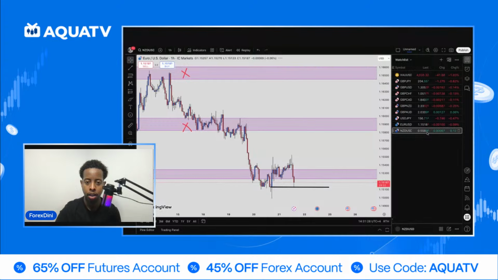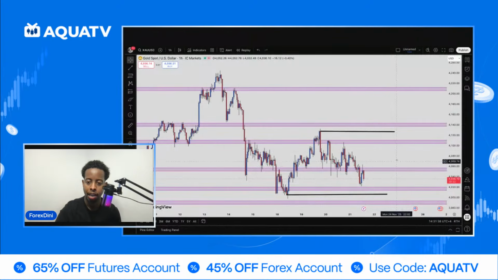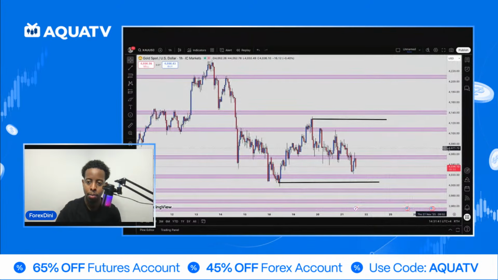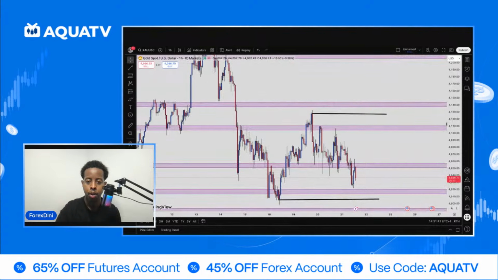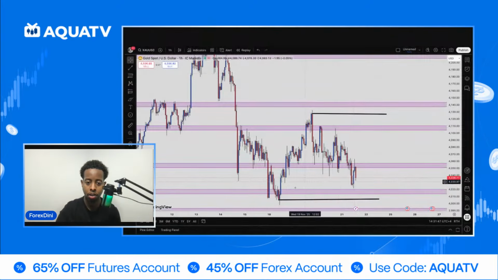Nothing there with New Zealand dollar, and we are back to gold. Like I said before, in case you missed it, we've highlighted the low of the start. So there's a consolidation going on. The low of that consolidation is this point here, 4,006, and the high of this consolidation is 4,127.